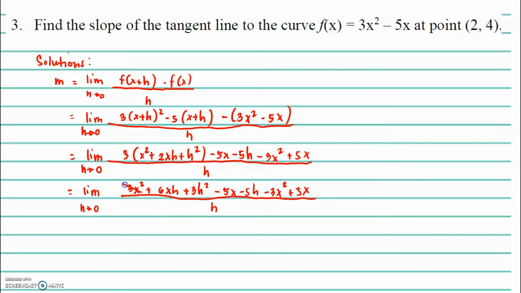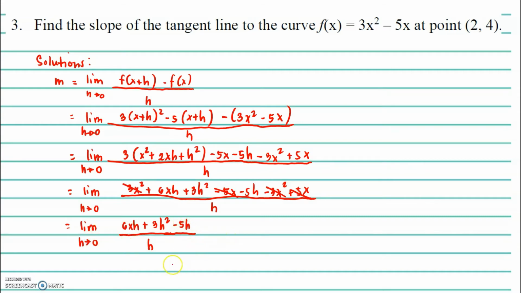Cancel out 3x squared and -3x squared, -5x and 5x. So we are left now with the limit of 6xh plus 3h squared minus 5h over h as h approaches 0.